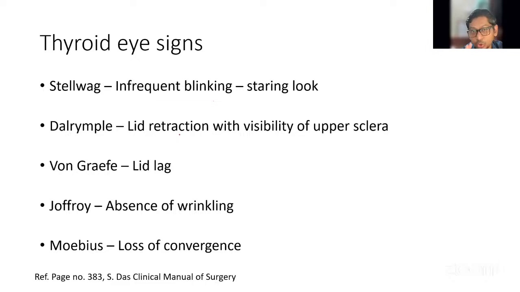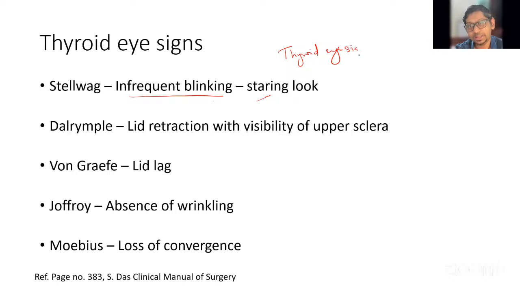So let us just go through the eye signs in brief. Now remember, the staring look actually comes in hyperthyroid disorders because of infrequent blinking. I'm just going to tell you a small classification.